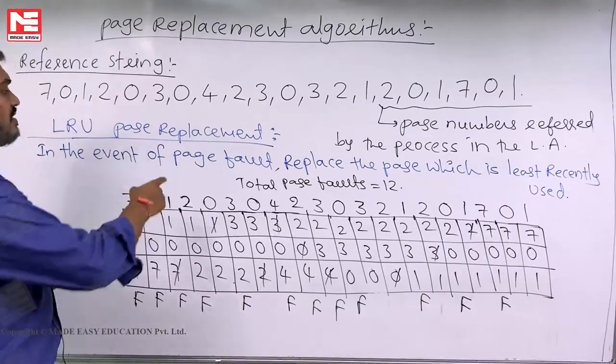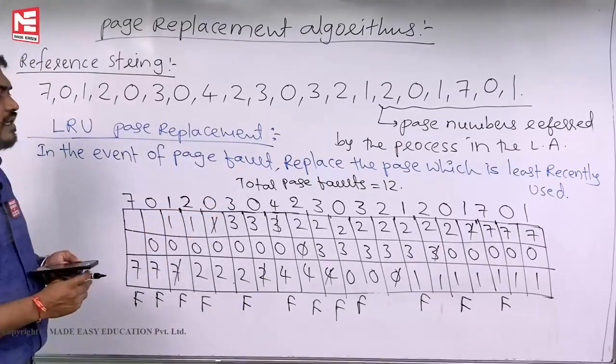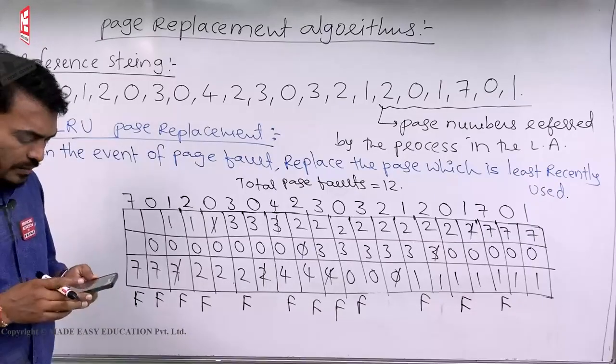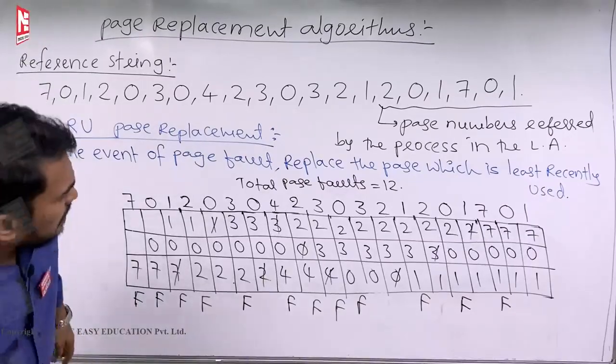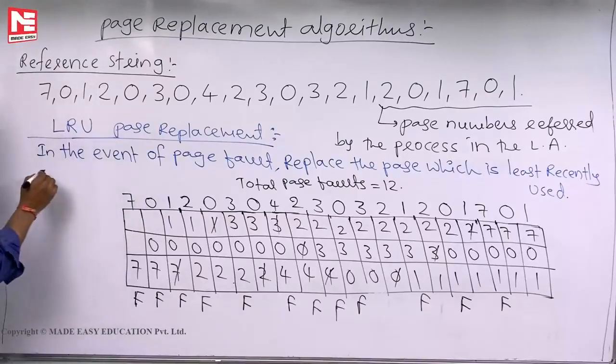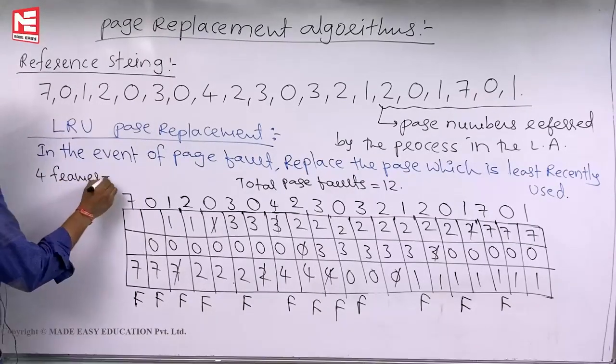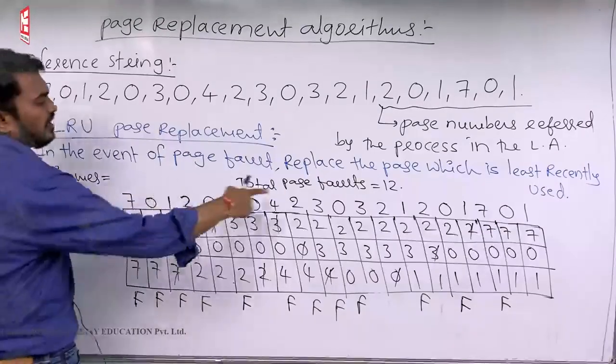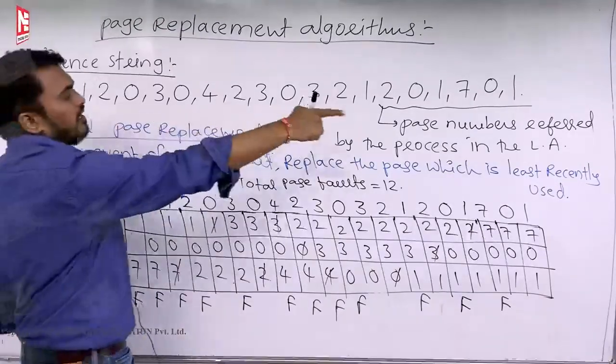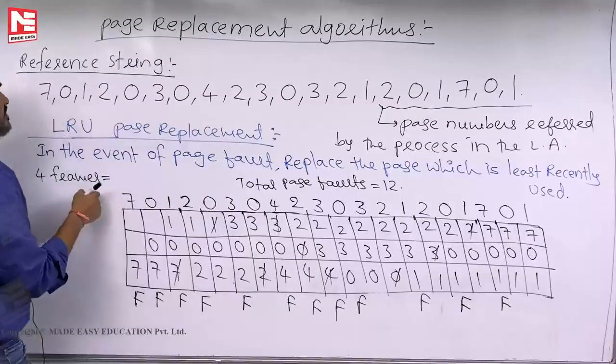Now take the same reference string and solve with 4 frames. So please solve with 4 frames. I'm writing here, solve with 4 frames. Take the same reference string from above and solve with 4 frames.